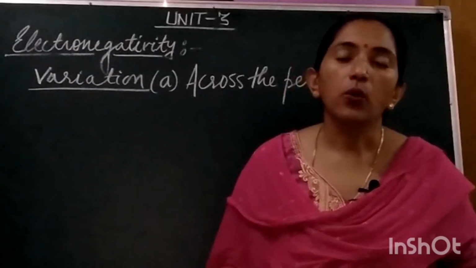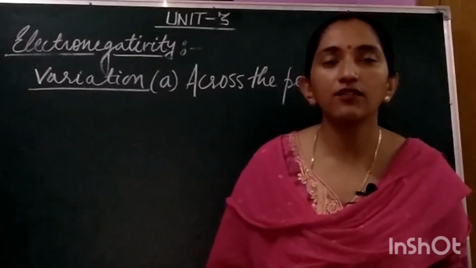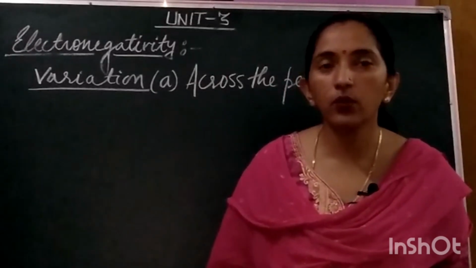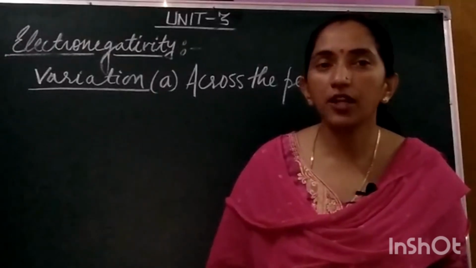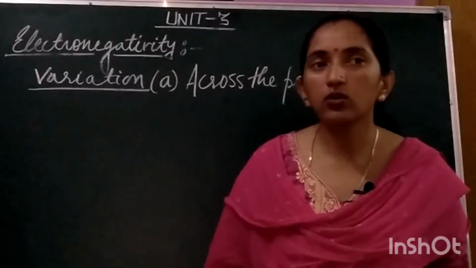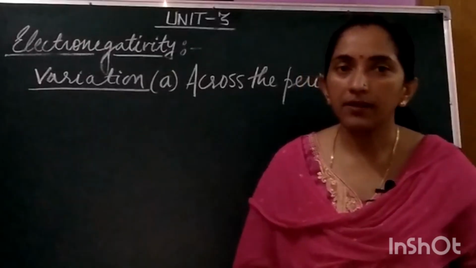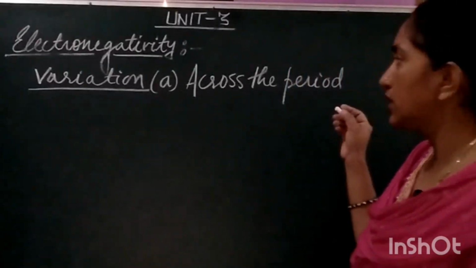That means the tendency to attract the shared pair of electrons is going to increase from group 1 to group 17. So the electronegativity increases as we move across the period.